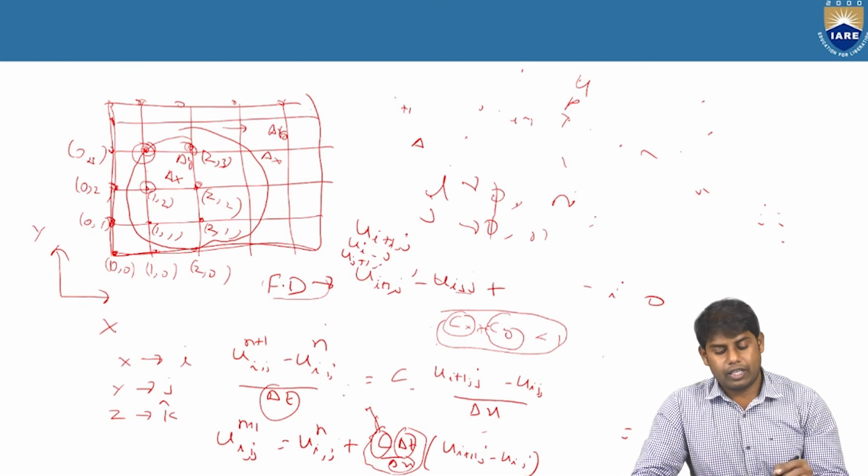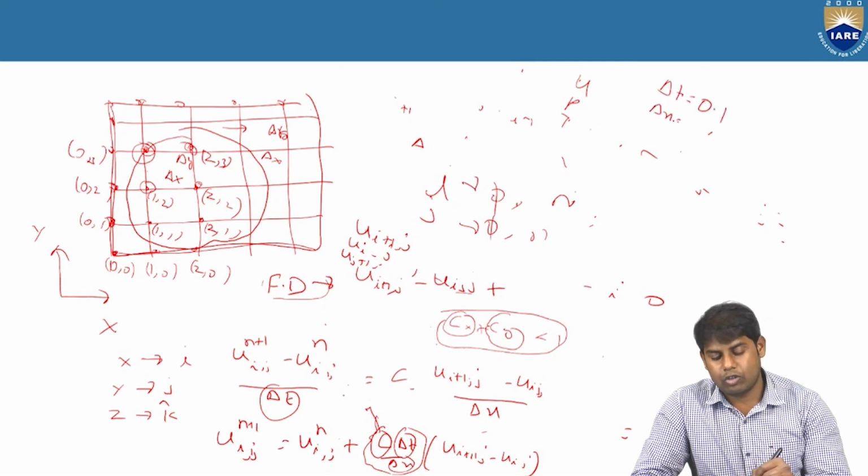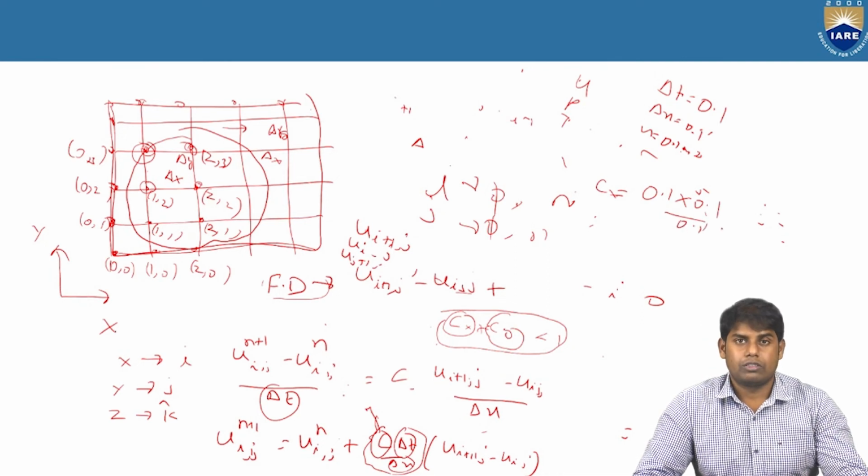So basically, if you take delta t as 0.1, and if you take delta x as 0.1, and if your velocity is some 0.1 meter per second, what happens? The Courant number would be 0.1 into 0.1 divided by 0.1, so that would give you 0.1. Okay.